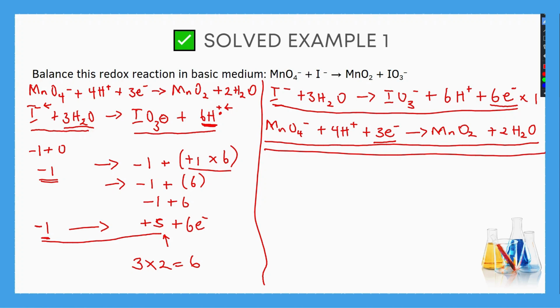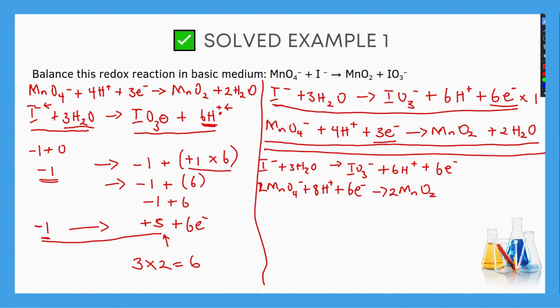We'll end up with the first one remaining the same, I minus plus 3H2O, giving us IO3 minus plus 6H plus plus 6e minus. And then the one under, since we're multiplying it by 2, becomes 2MnO4 minus plus 8H plus plus 6e minus, giving us 2MnO2 plus 4H2O.